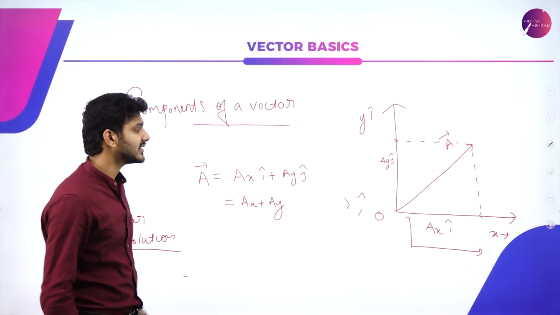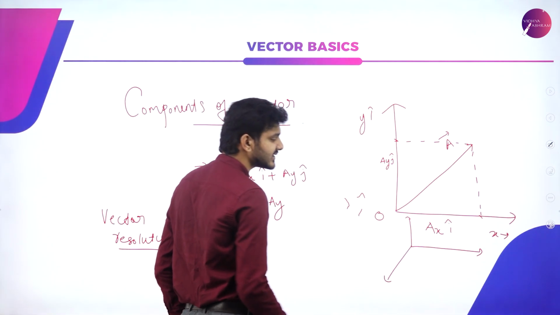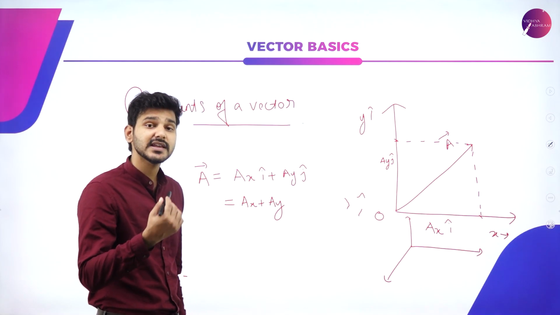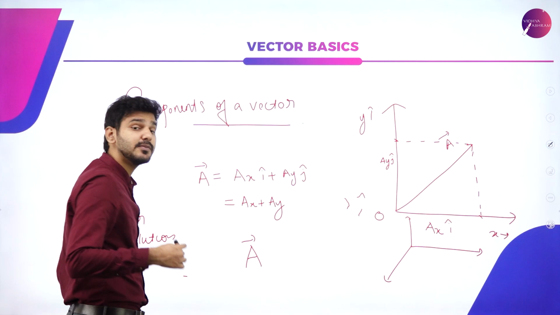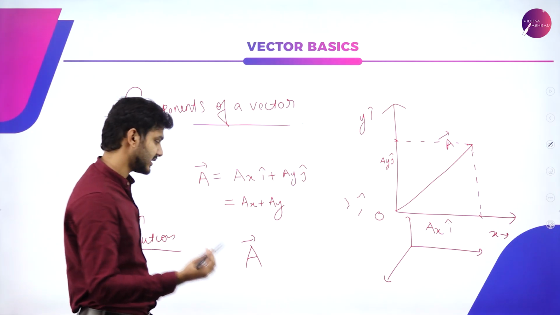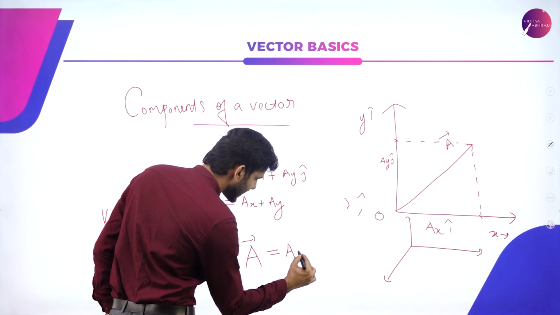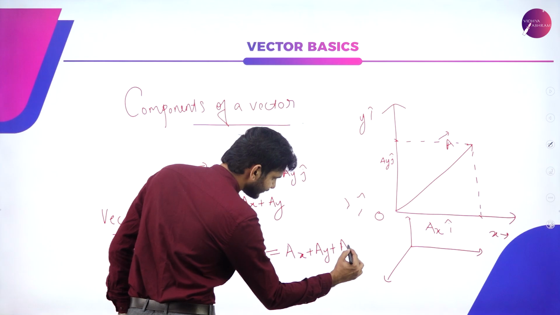So generally we can say that if there are three axes, x, y and z, then we can write vector A as the horizontal, perpendicular and third axis components. That is, we can write it down as ax plus ay plus az.